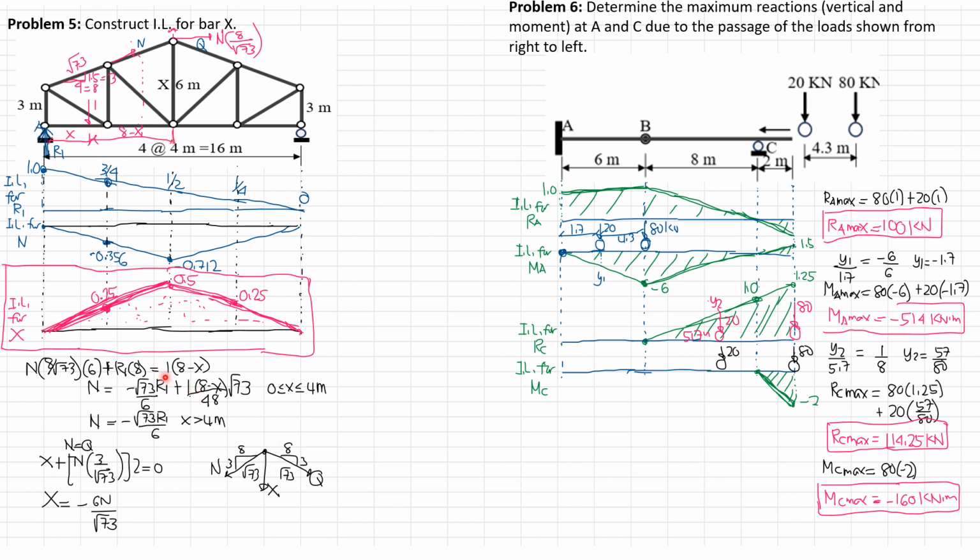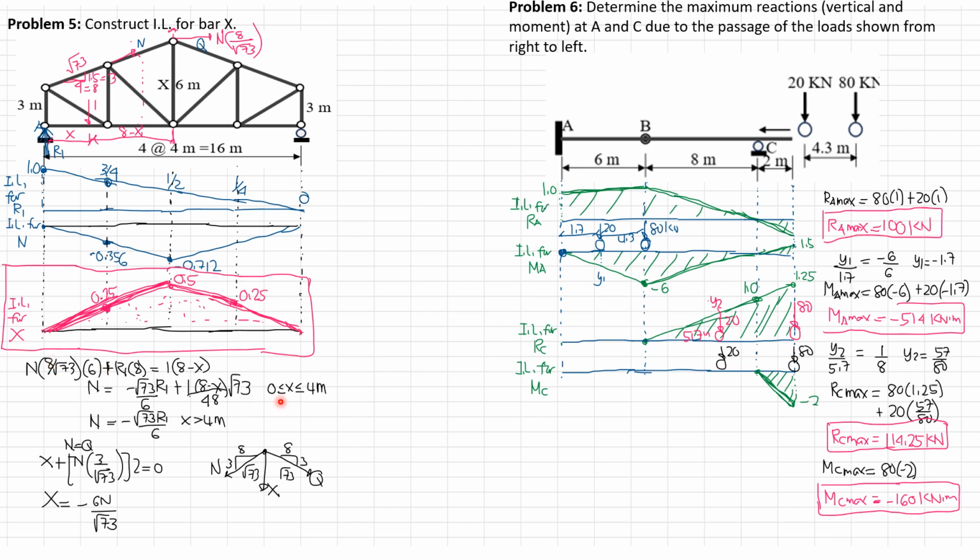So simplifying, N therefore is negative square root of 73 over 6, because we can cancel 8, then plus square root of 73 times 1 times 8 minus x divided by 8 times 6, which is 48.